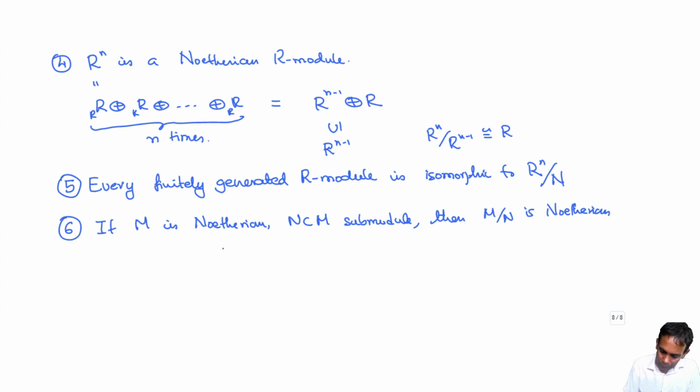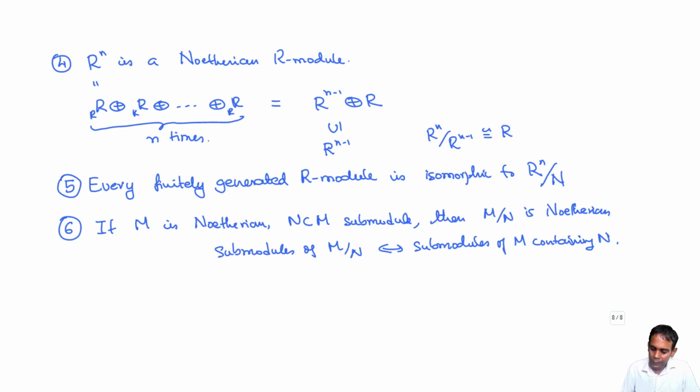This is easy because submodules of M mod N are the same as submodules of M containing N. So if you have an increasing chain of submodules of M mod N, then you just take their pre-images in M. That's an increasing chain of submodules containing N. If you have a submodule S here, then you just take it to Q inverse S, where Q is the quotient map from M to M mod N. So the Noetherian condition for M mod N is a special case of the Noetherian condition for M. Just apply it to submodules containing N.